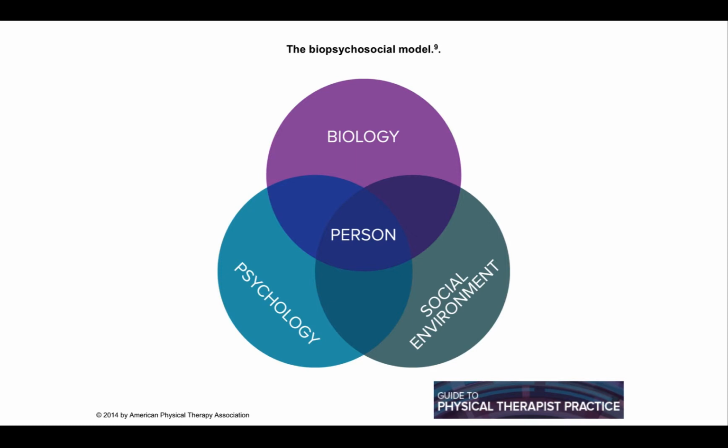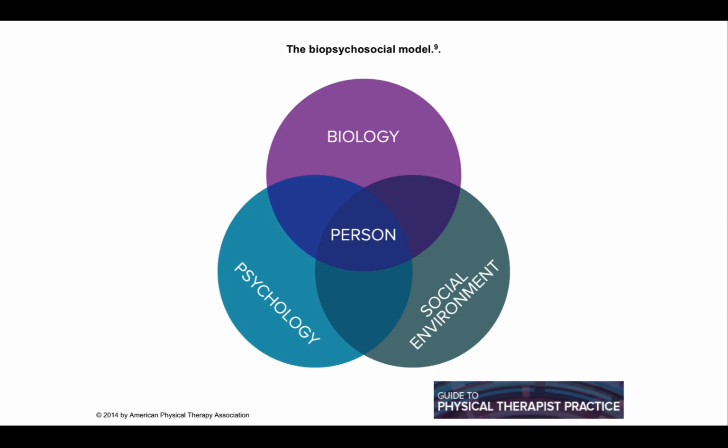According to this model, a person's health status is determined by the interplay of all of these factors that you see here: the biological status, the psychological status, and the social status all affect and interplay in terms of a person's status.